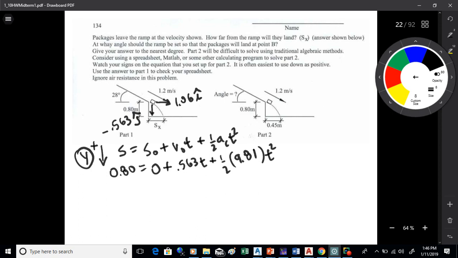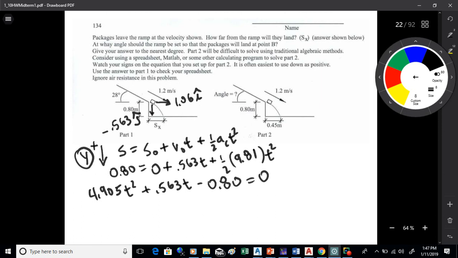My intention here is to solve for t. Okay? So what I'm going to end up with here is a quadratic: 4.905 t squared plus 0.563 times t minus 0.8, and that's equal to 0.